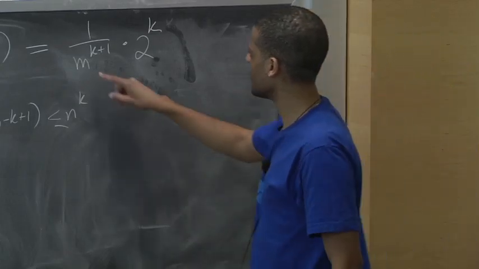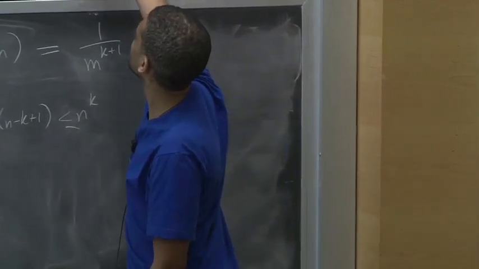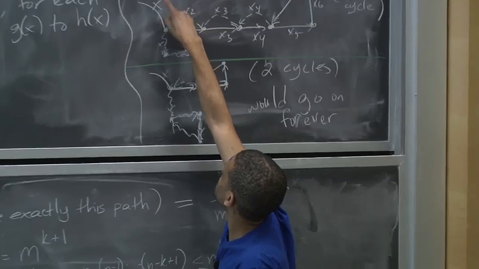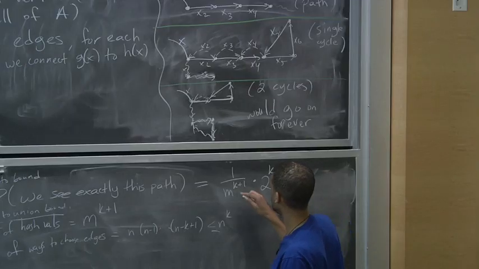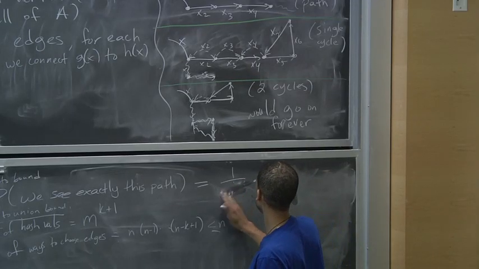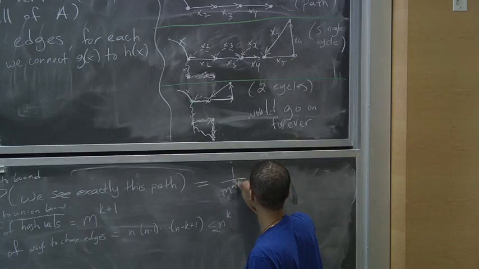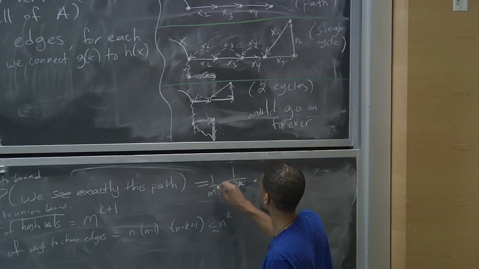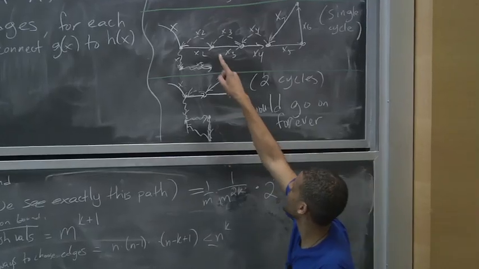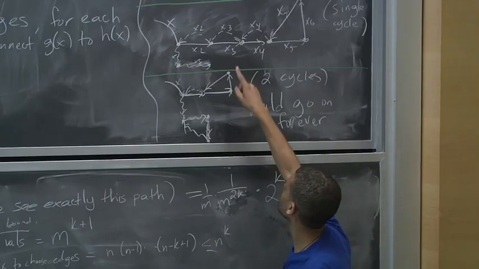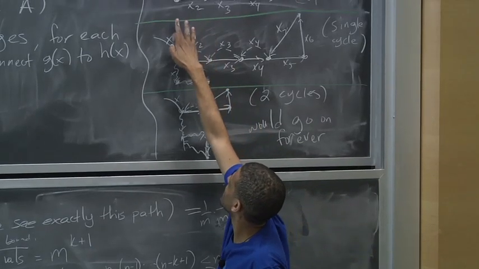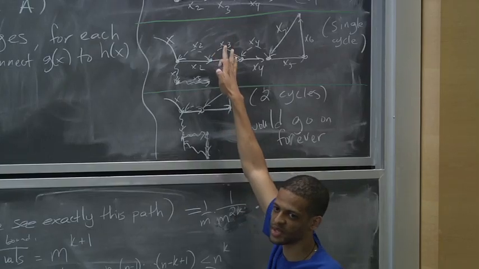So what's the probability that g of x2 is that and h of x2 is that? Well, it's 1 over m to the, actually that should be 1 over m to the 2k. And then there's a 1 over m for x. So what's the probability that g of x is that vertex? It's 1 over m. And then what's the probability that g of x2 is that and h of x2 is that? It's 1 over m squared.